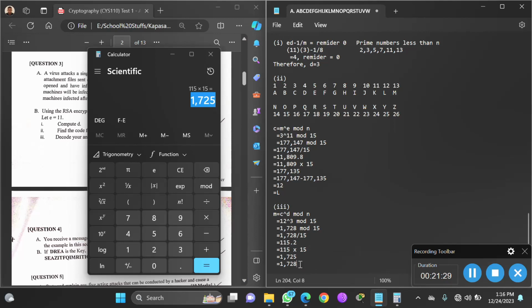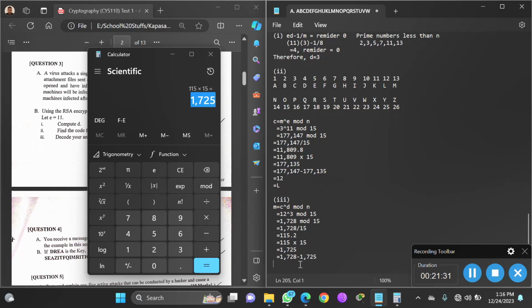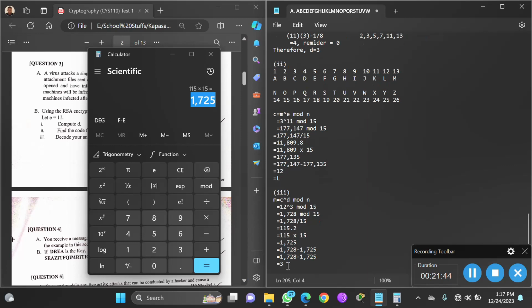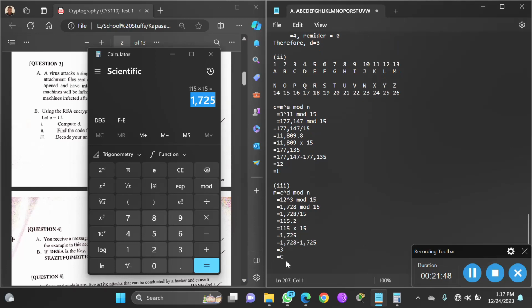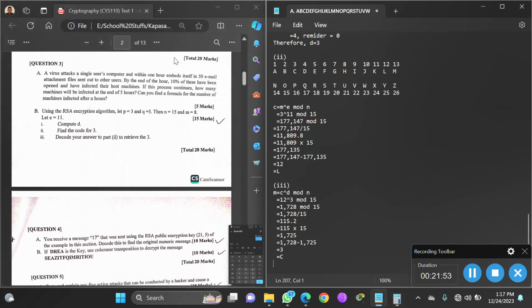Now if you can see, this whole part up to here is just the same as this, so it's more like 8 minus 5, which is just 3, or 3 can be represented as C. So basically we are done encoding and decoding, and I'm sure you have gotten some concepts for this.